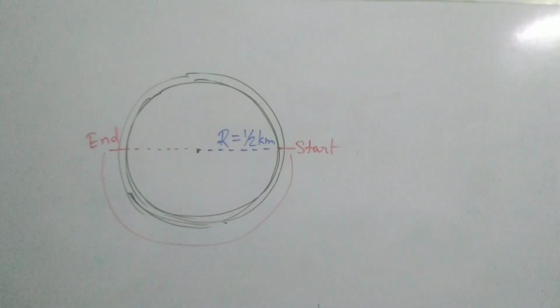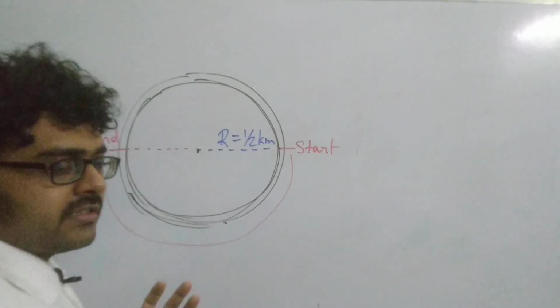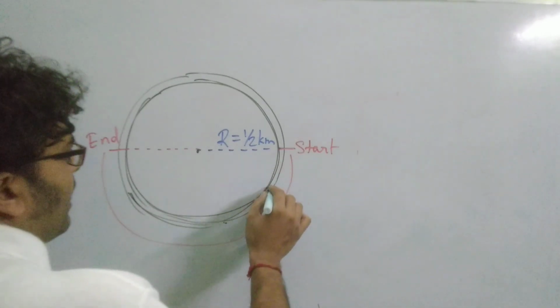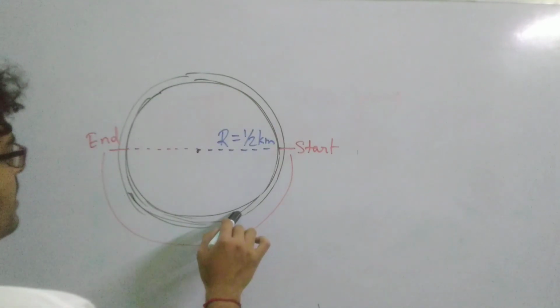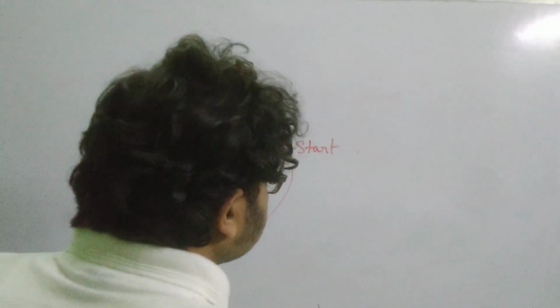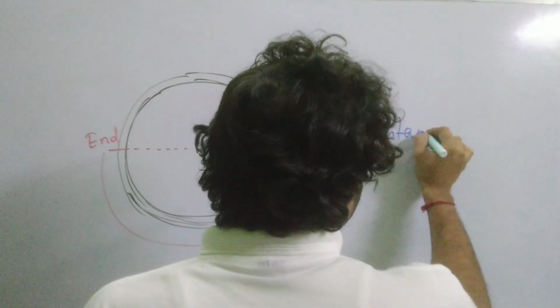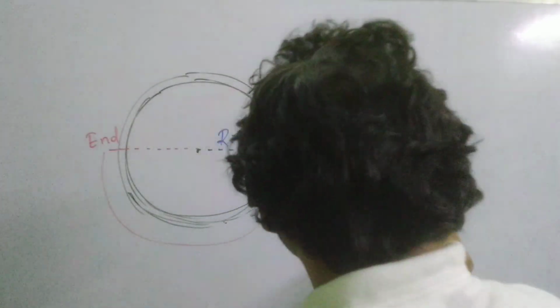So first of all, let us consider the distance traveled by the athlete. I think you have all noticed that distance is the actual path traveled by the person while moving. Here the person has traveled half of the circumference of the circular track. We know that the circumference of a circle is 2 pi r.